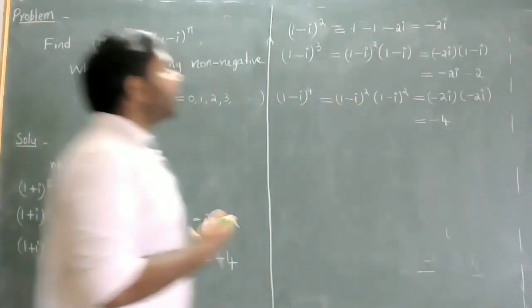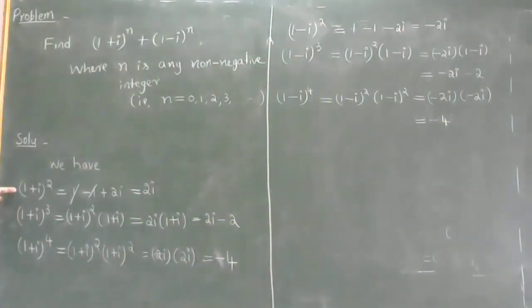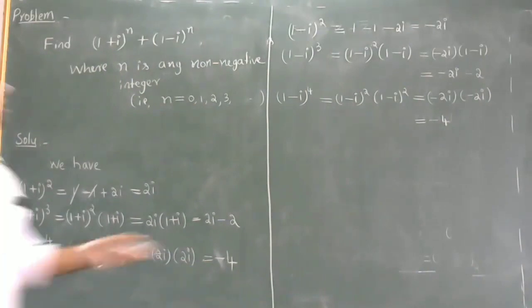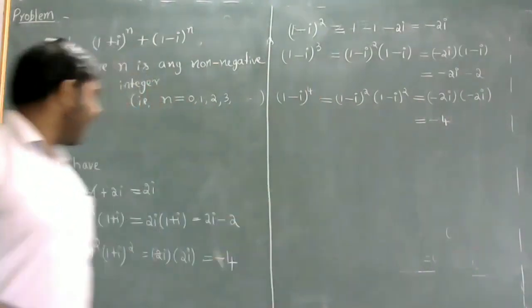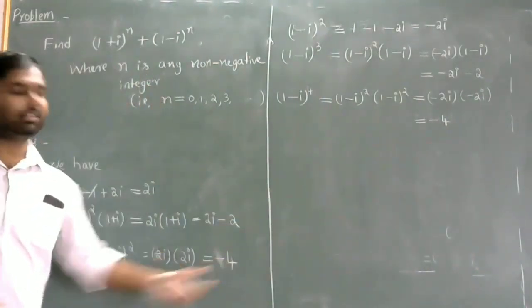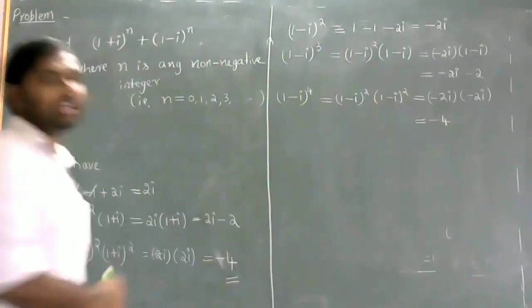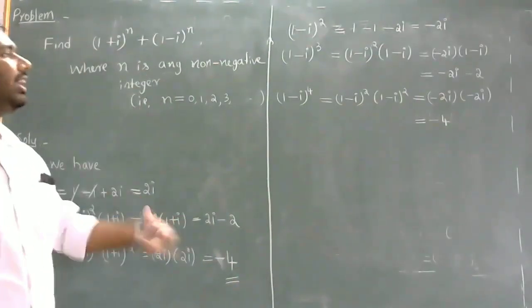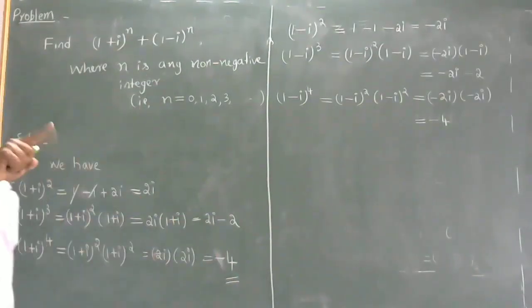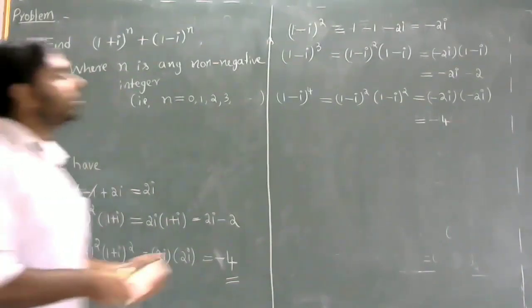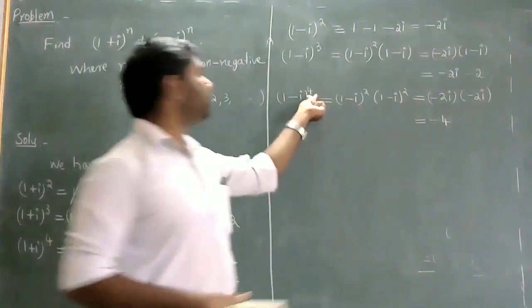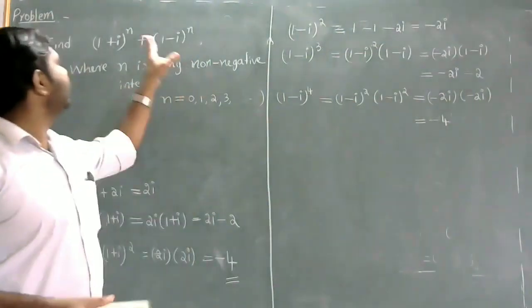Now you can observe that among these powers, (1+i)⁴ and (1-i)⁴ have simple real values, and the remaining have imaginary values whose power is a little bit difficult to raise, right? So we will choose the power 4 once again to divide n.